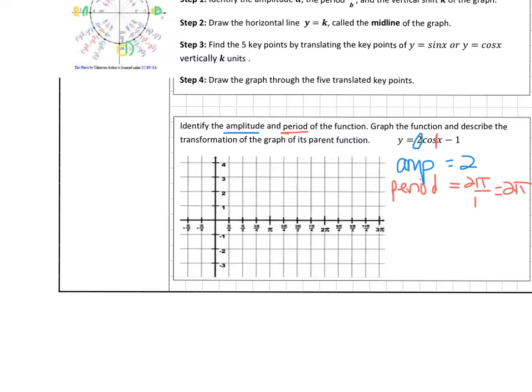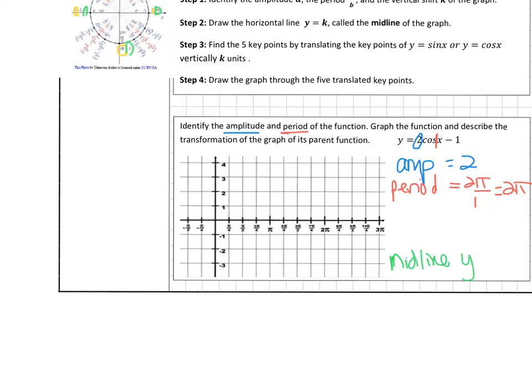So we know the end of our cycle is going to be at 2 pi. We're going to start at 0 and end at 2 pi, and that will be the distance of one cycle. And so once we've gotten that, then we also want to check for the midline.